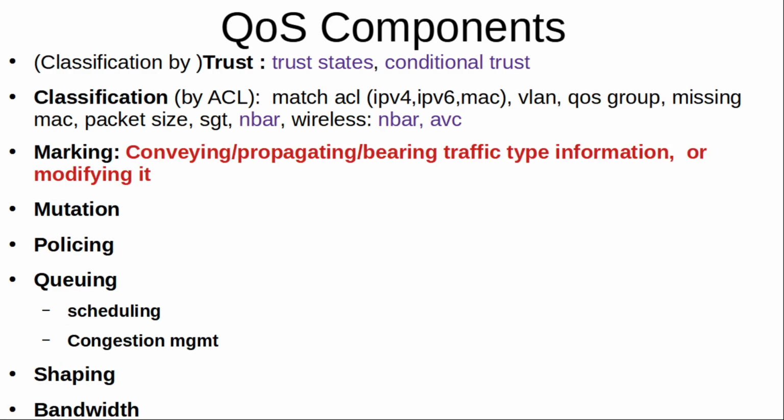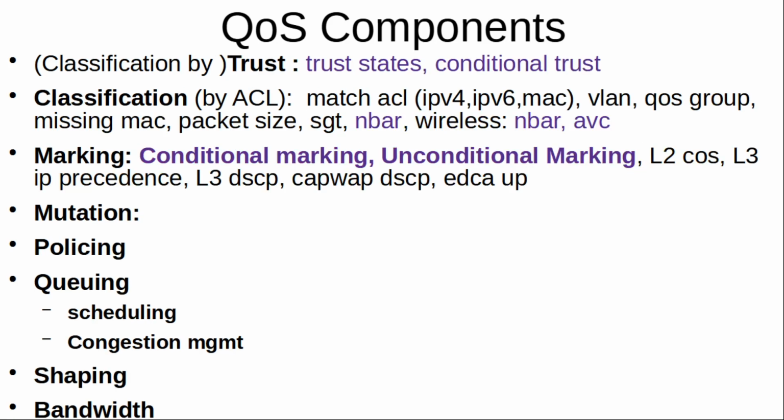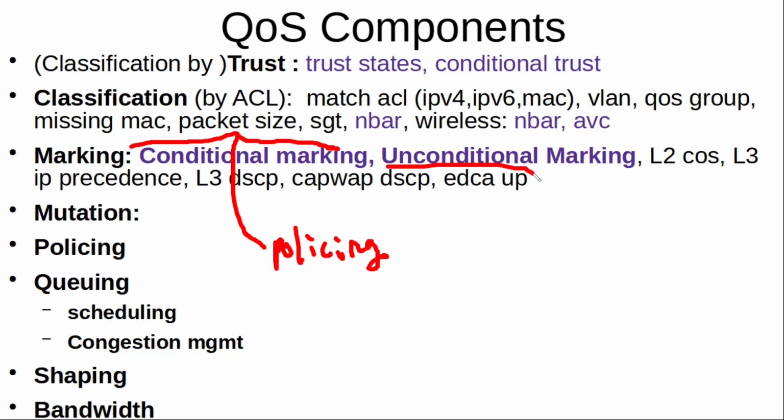Let's go for the next quality of service component. It is marking. Marking means conveying, propagating, or bearing traffic type information, or modifying it. What are the features that we have for marking? With Cisco, we can do conditional marking. When using conditional marking, we are going to make use of policing, and unconditional marking.